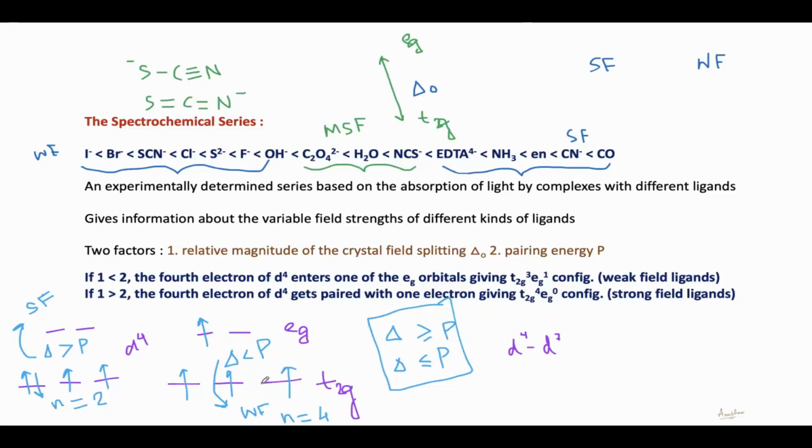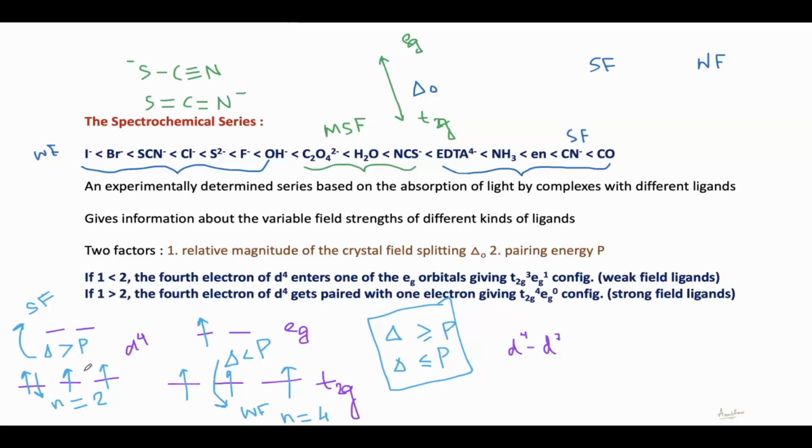If delta is less than P, the fourth electron enters one of the eg orbitals, giving the electronic configuration t2g3 eg1. Ligands for which delta is less than P are known as weak field ligands, and that's why they form high spin complexes. But when delta is greater than P, it becomes energetically more feasible for the fourth electron to occupy a t2g orbital, getting paired up with the present electron to give the configuration t2g4 eg0.